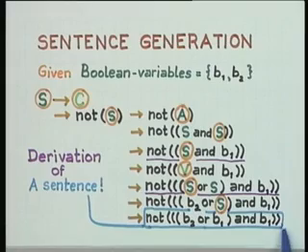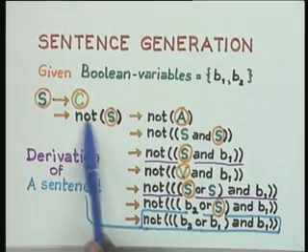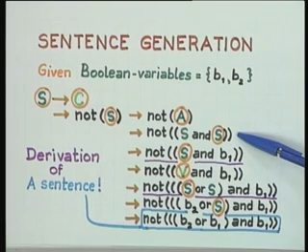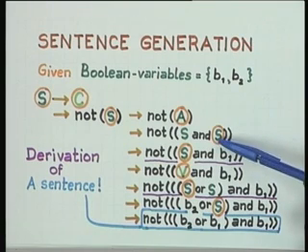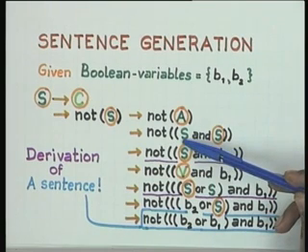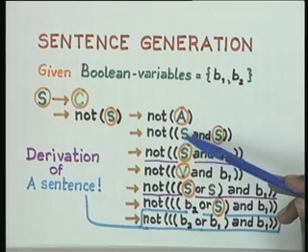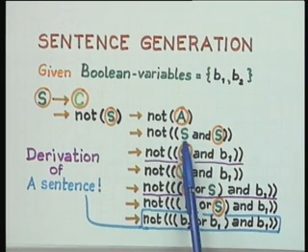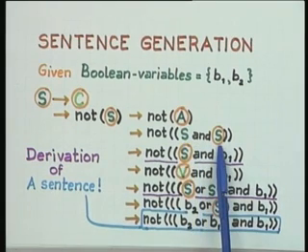Given this sentence you would have to apply this before any of the others, but here you have a choice whether you want to replace this S or this S. The actual production that you have to apply is still place specific. If you have to generate this B2 or B1, you have no alternative but to replace this S eventually, but whether you replace this S before you replace this S or after it does not matter, okay.